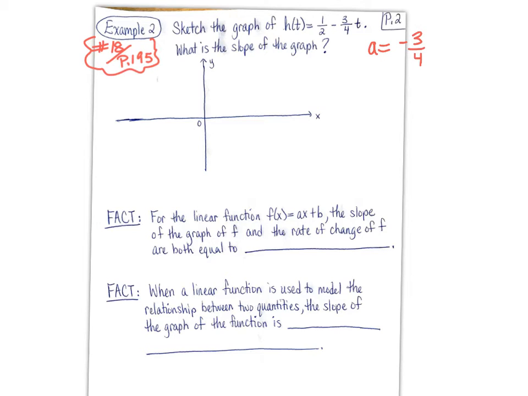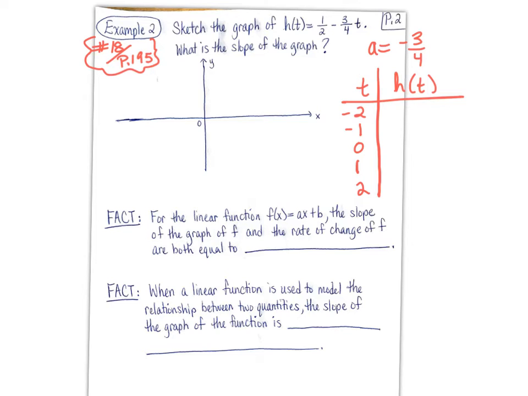So that's our slope. Now, in order to graph it, we can find values of t and then find out what the corresponding h of t will be. You can choose whatever values you like. I'll choose negative 2, negative 1, 0, 1, and 2. When t is negative 2, we substitute in negative 2 here. And what do you get for h of t?